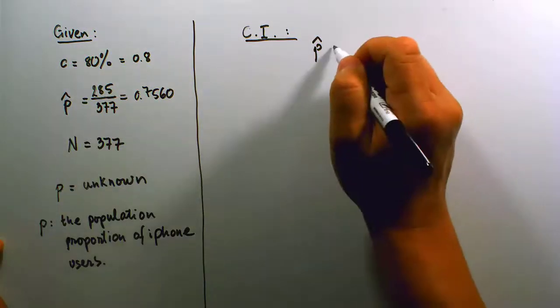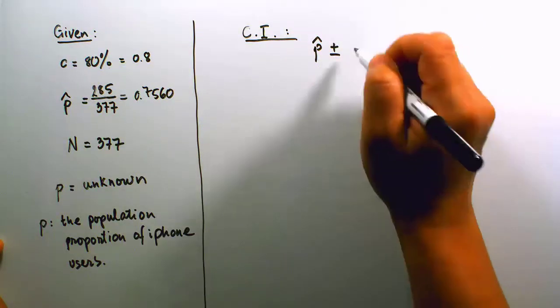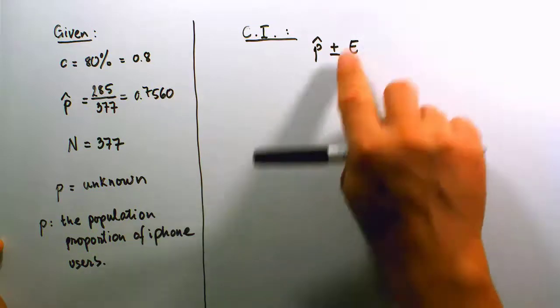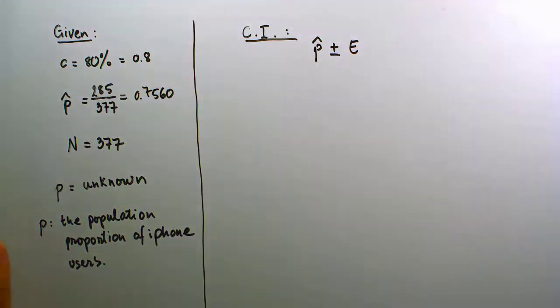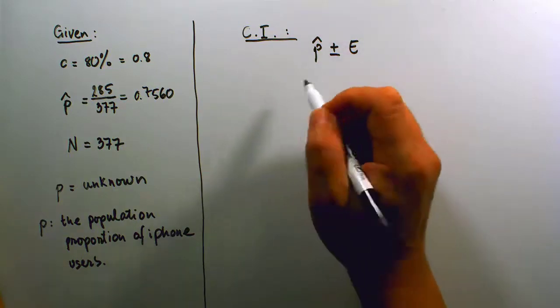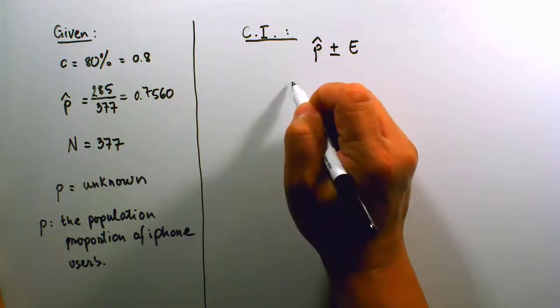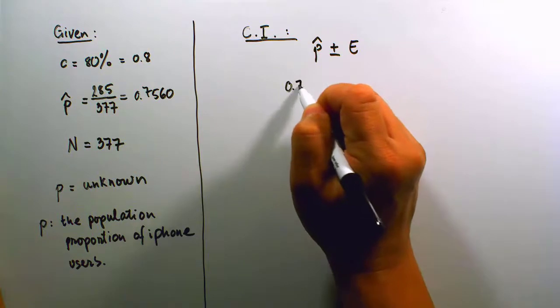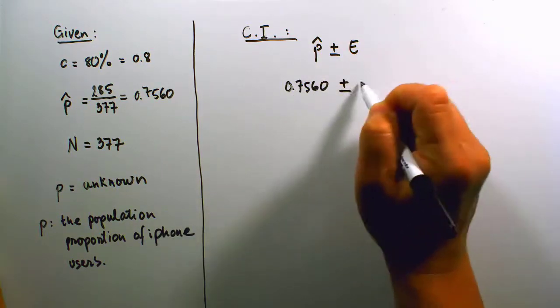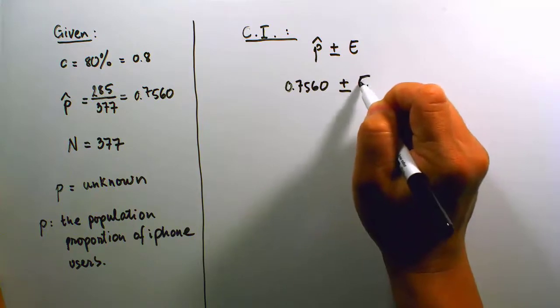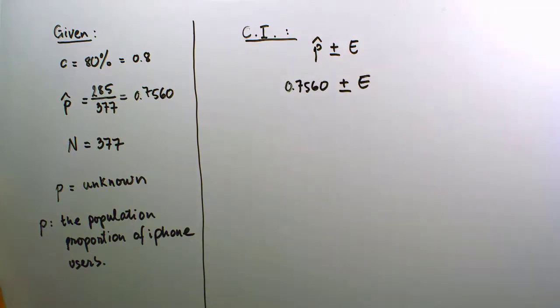We simply need to figure out a margin of error up and down from where our sample proportion is, and that's the goal of the problem. And so the sample proportion, we already had the value being 0.7560, and need to go up and down by a margin of error.